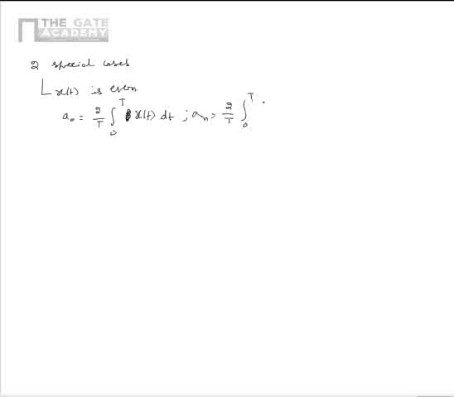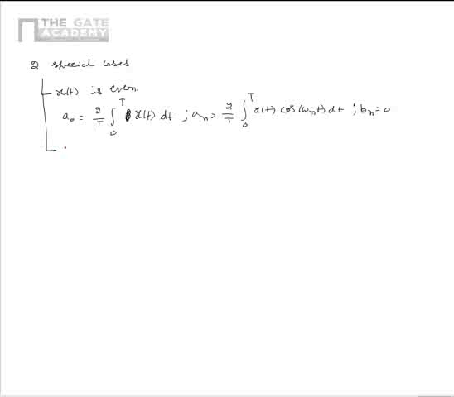Also, please note that in case of alternate frequency representation, there are two special cases that can be considered. That is, if the signal x of t that is given is even, then the coefficient a0 is equal to 2 by t integral 0 to t x of t dt, and the coefficient an is equal to 2 by t integral 0 to t x of t cos of omega nt dt, and bn is equal to 0.